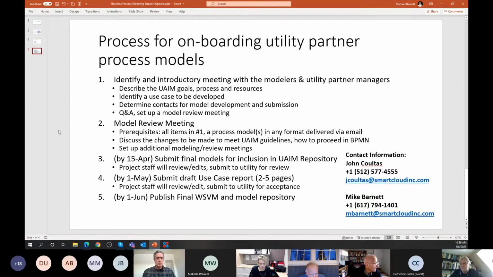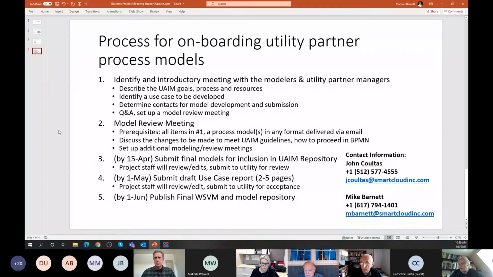But for others that are just getting on board, we want to make sure you know the goals, why we're doing this process modeling, why we're doing it in business process model and notation. Figure out, identify with you what specific use case you want to contribute, and then understand the context and answer any questions that you might have.